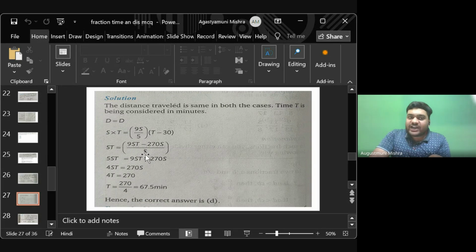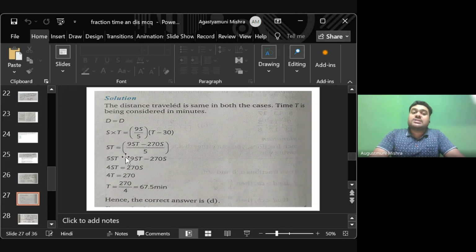What will happen? This 5 will go to this side, 5 into ST. This 9ST minus 270S. There will also be a question of how this becomes 270S. When you multiply 9S with this equation, you will get 9ST minus 270S.